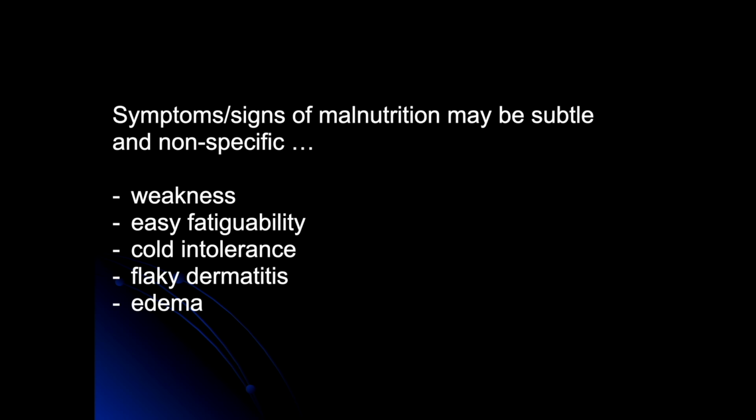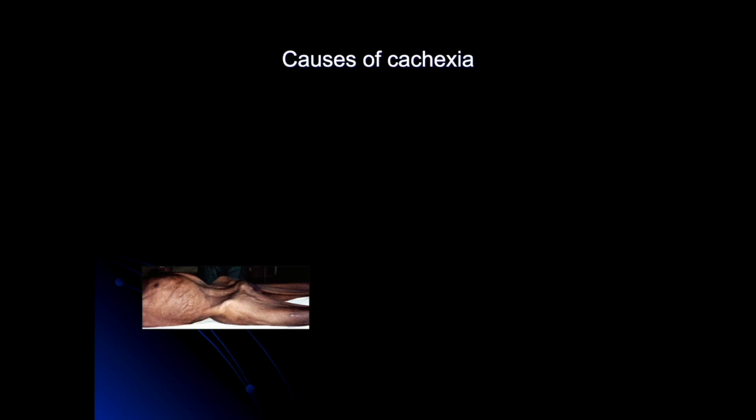Please remember, however, symptoms and signs of malnutrition may be subtle and non-specific, such as weakness, easy fatigability, cold intolerance, flaky dermatitis, and ankle edema. Cachexia is an extreme degree of undernutrition where more than 20% of body weight is lost below the desired weight range.